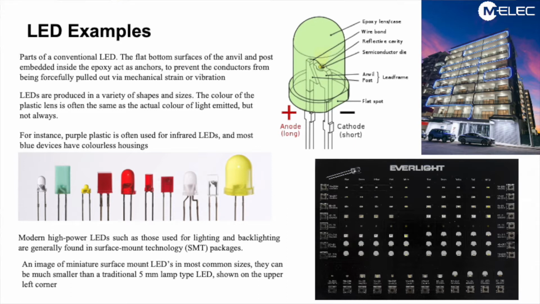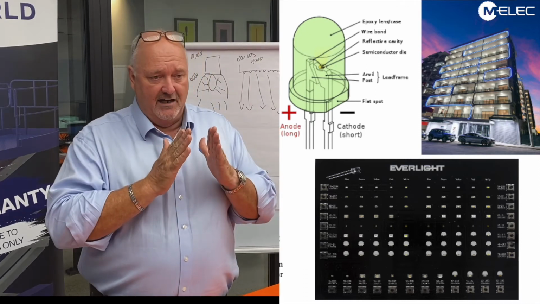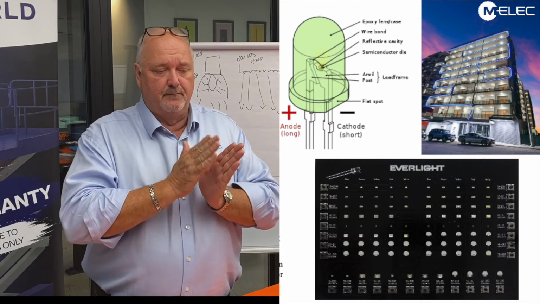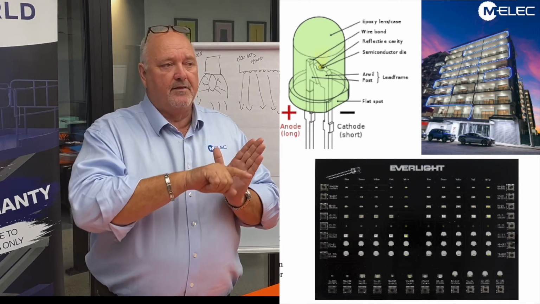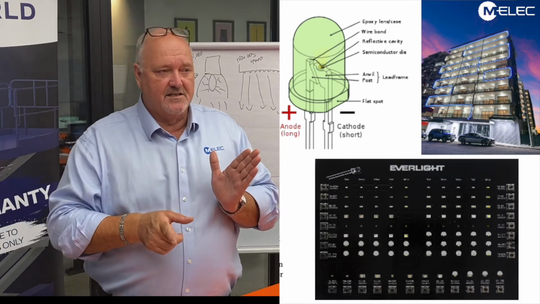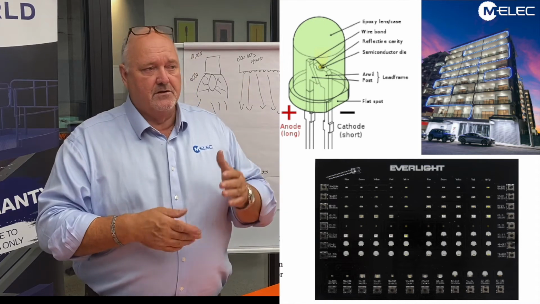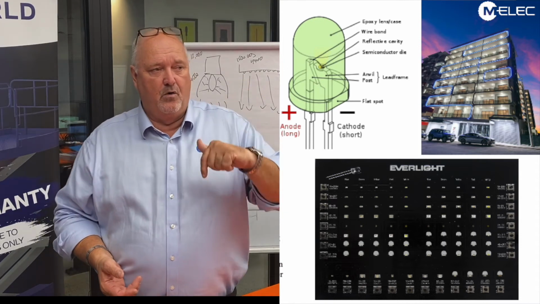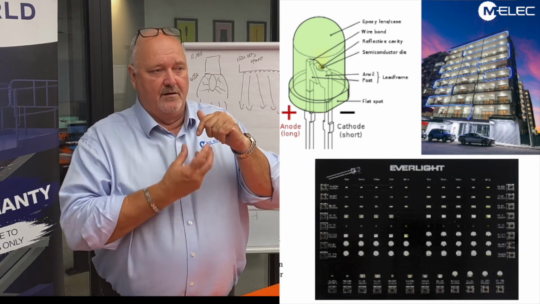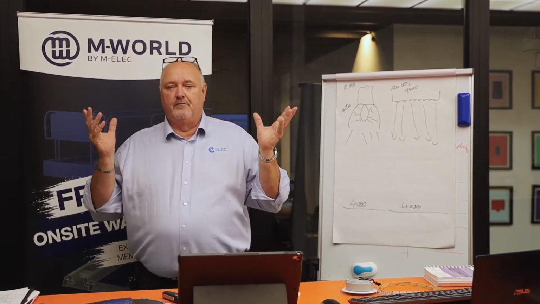So what we're saying here is, because the anode and the cathode don't actually touch, it creates heat between the two because there's a small air gap in the design, but there is that wire bond that goes across into the semiconductor die, which then causes a reaction because you've got the positive wire coming from the anode, and the cathode where all the semiconductor die is, and between the two of them, it lights up.